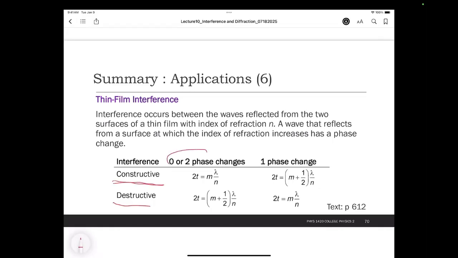If there are 0 or 2 phase changes, you use this equation for constructive and this one for destructive. But if there is only one phase change, you use this one for constructive and this one for destructive. We have talked about this before.